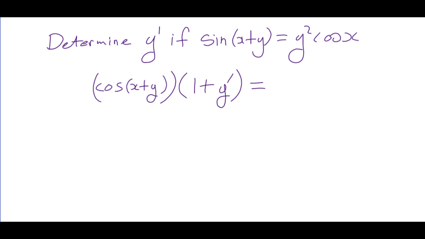Equals, okay, we got a product here, right? So it's y squared times the derivative of cos x, which is minus sine x, plus cos x times 2y y prime. The derivative of y squared with respect to x is 2y y prime.